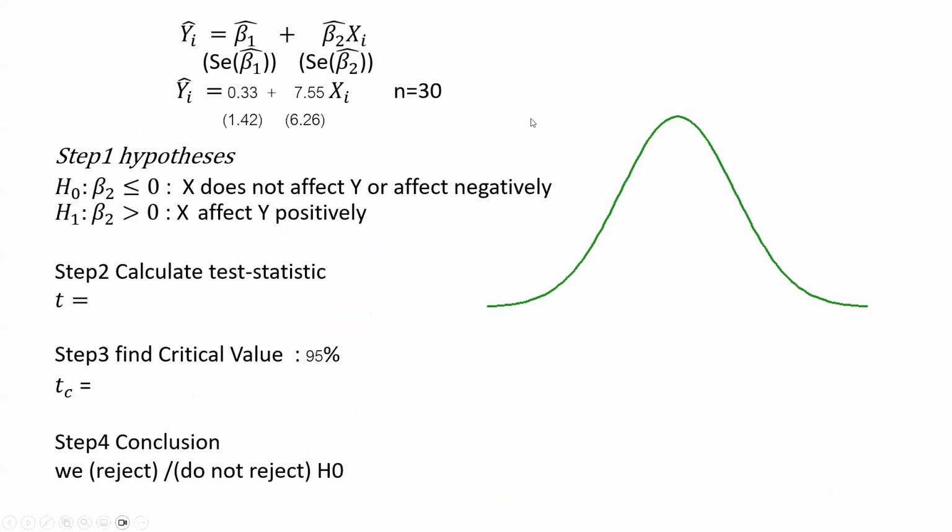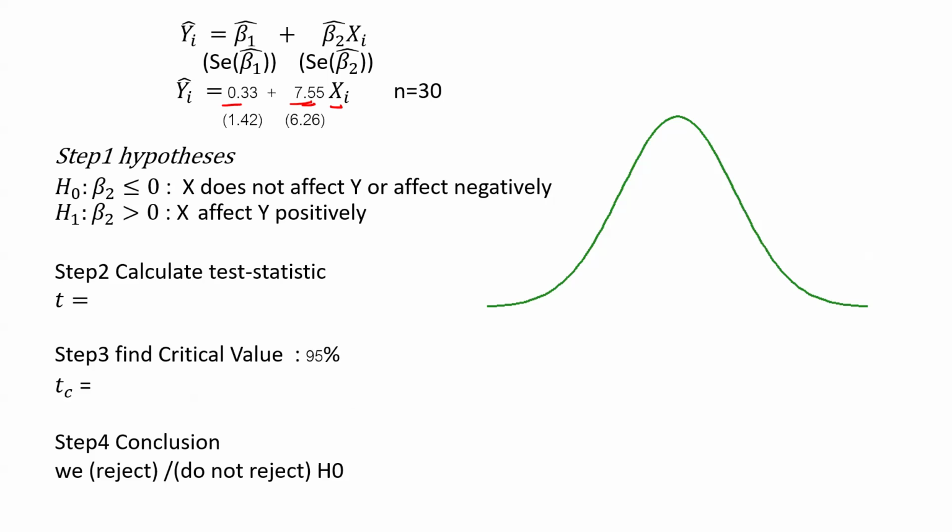This is another example and we have different data. Y hat equals intercept plus slope times xi. So beta 2 equals 7.55, but we don't know whether we can believe this number. So we have to do hypothesis testing.